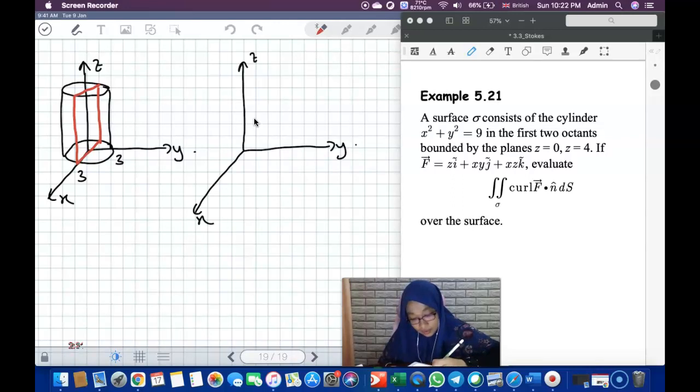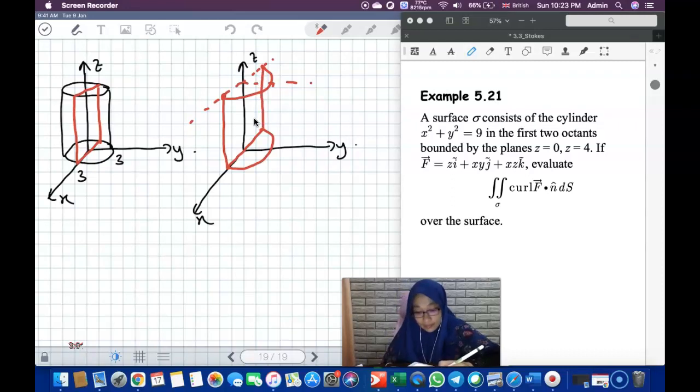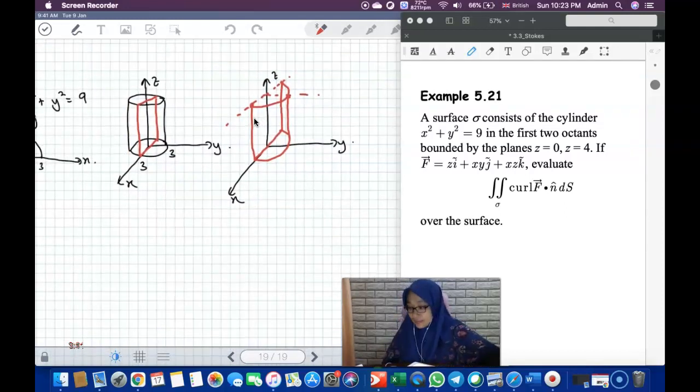So it looks like this, cut into two pieces.